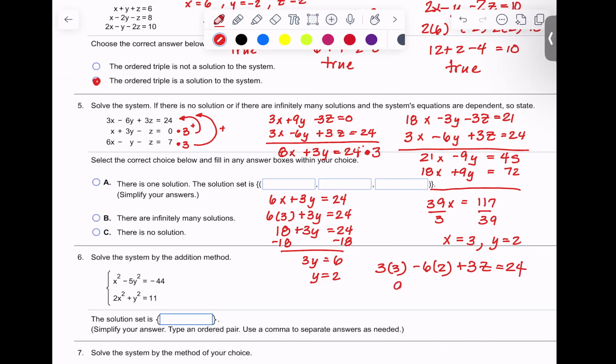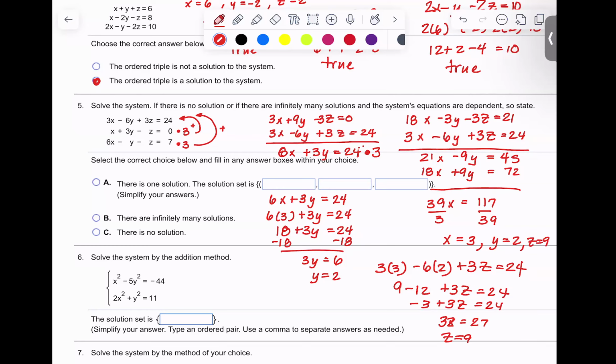And I get 9 minus 12 plus 3 times z is 24. Negative 3 plus 3z is 24. Add the 3 to both sides. 3z is 27. And I lost my z there. There we go. And z would be 9. So I get z is 9.